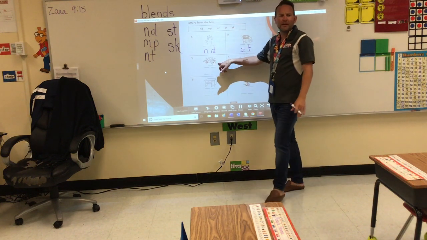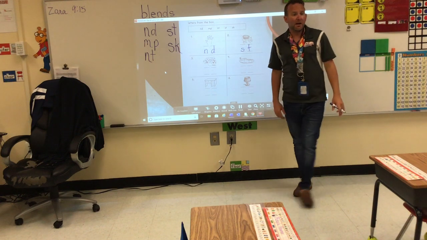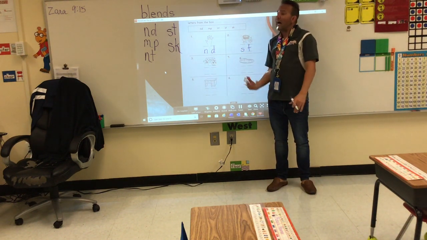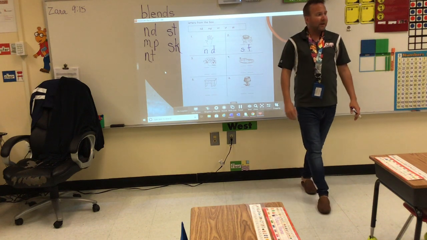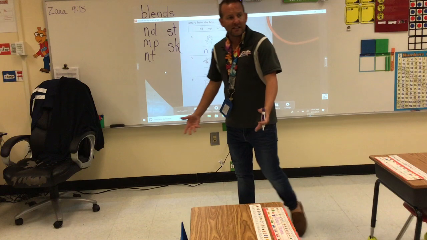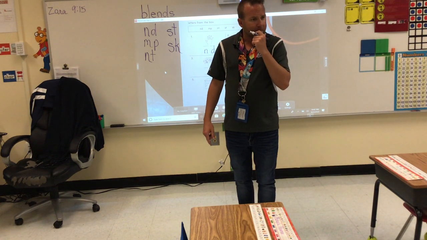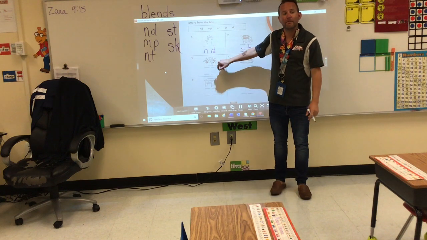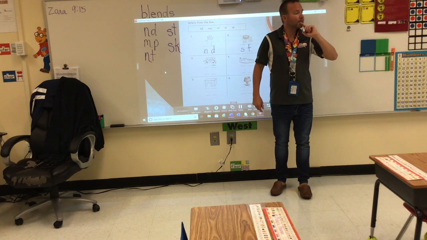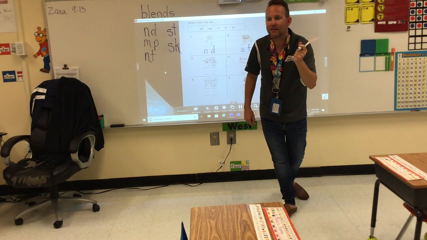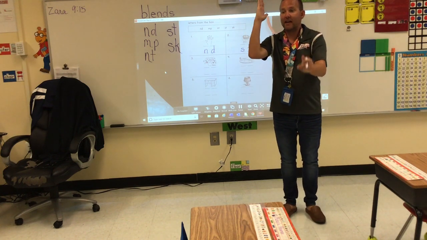All right, number 3. This is not a picture of a pot. We see a pot, though. And it's not a flower, okay? But it's something that's green that grows in a pot. Who can tell me what that is? A tree. Nope, it's not a tree. A tree doesn't grow in a pot. Okay? A plant. Everyone say plant. Okay, get your arms ready.